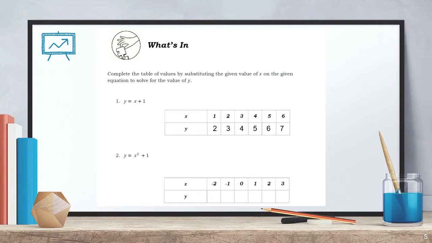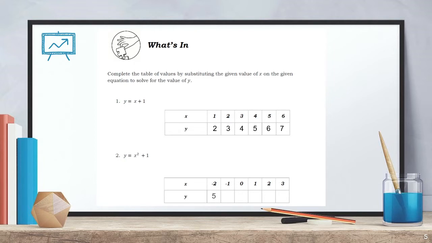Let's do example number 2. Y is equal to x squared plus 1. So we plug in the value here, negative 2. So this becomes y equals negative 2 squared plus 1. Negative 2 squared is 4. 4 plus 1, the answer is 5.